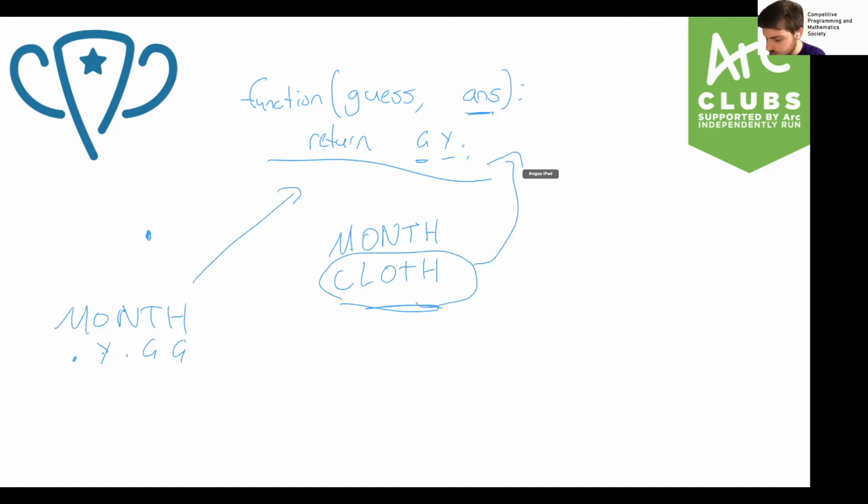It should return the same thing if I've worked it out correctly. Then you go, okay, they're equal, which means cloth could be the answer. You check this for everything, and yeah, that will get you Wordle.